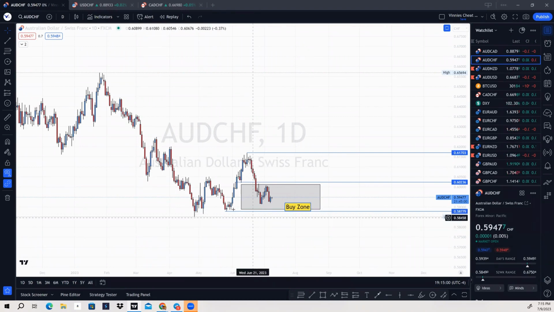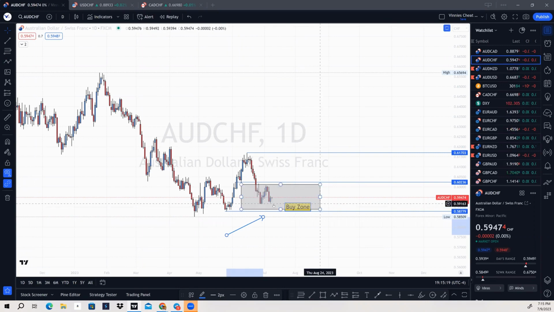All right. Again, I've used trading ranges. This is my trading range from this swing low to this swing high, and price pulled back into my buy zone. So I'll be looking to buy AUDCHF this week, okay?